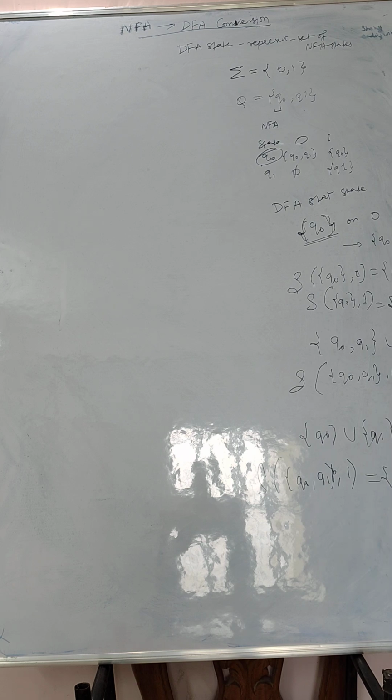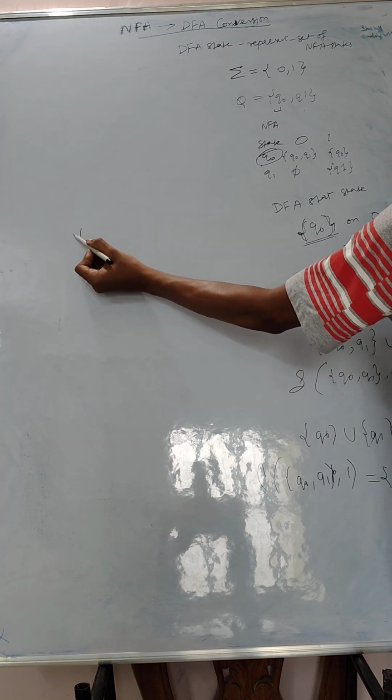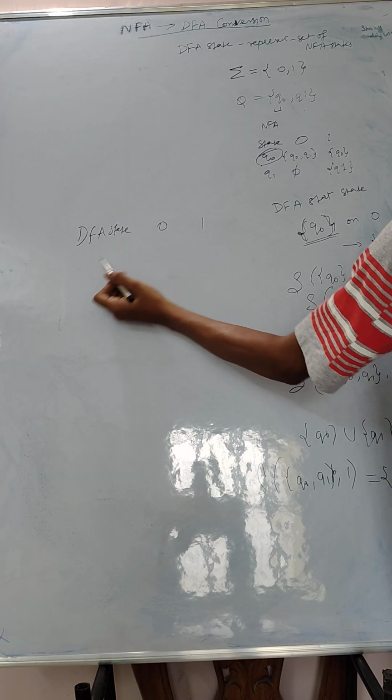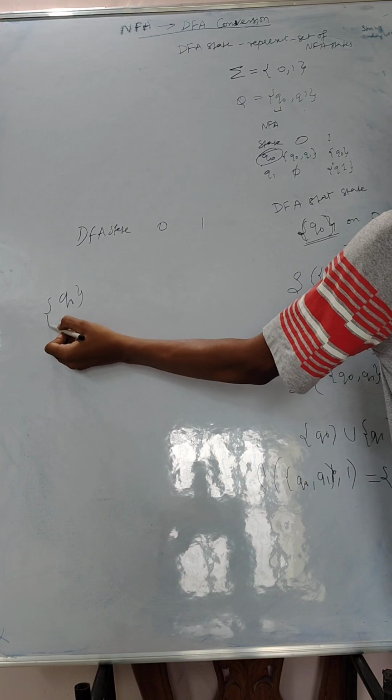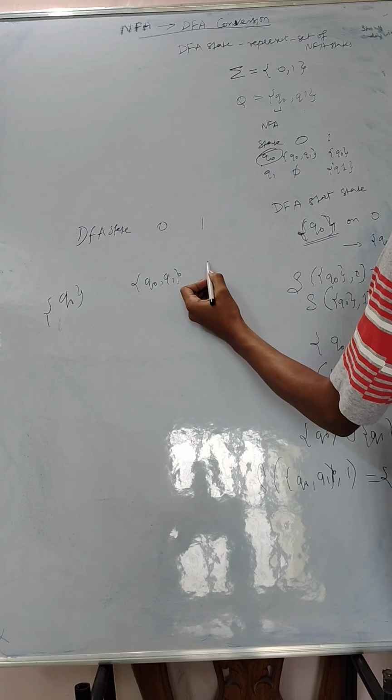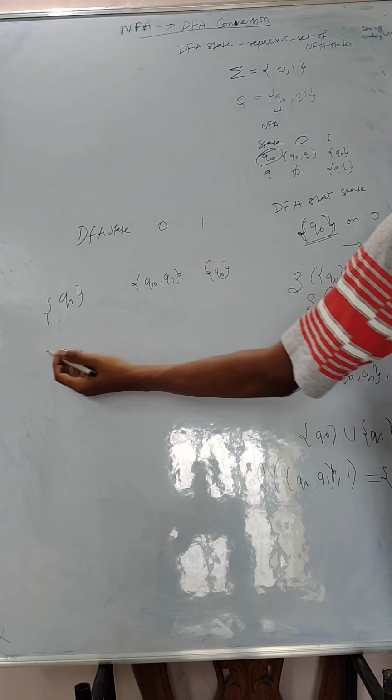So the final DFA table will be: DFA state, 0, 1. This is Q0. On input 0, it is {Q0, Q1}. On input 1, it is Q0.